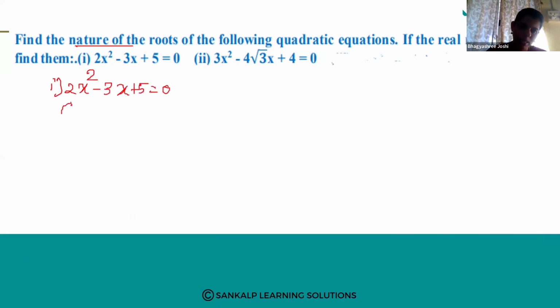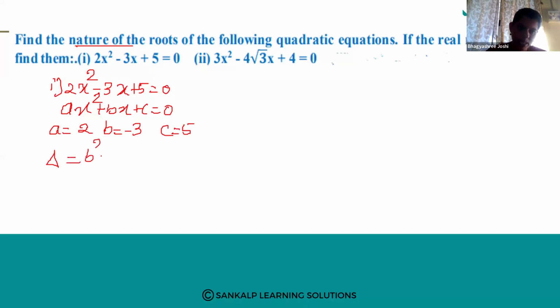This is a quadratic equation of the form ax square plus bx plus c equal to 0. So now a value is 2 and b is minus 3, c is 5. So discriminant delta, or D, is equal to b square minus 4ac.